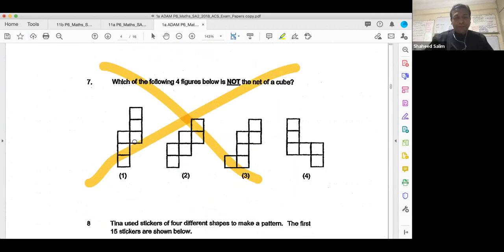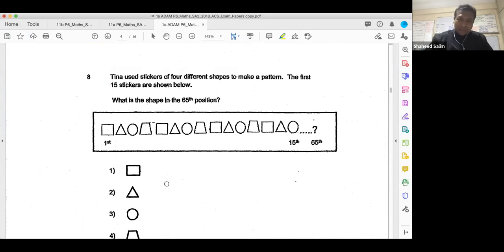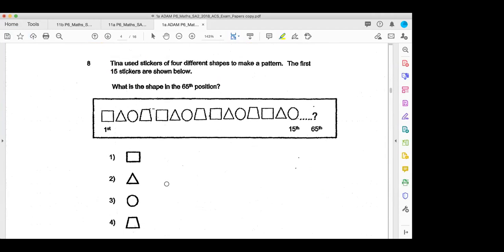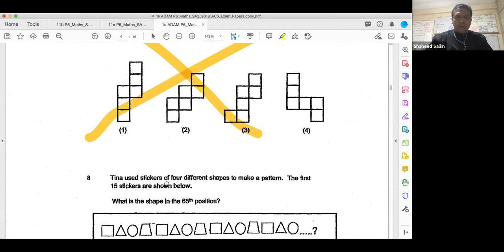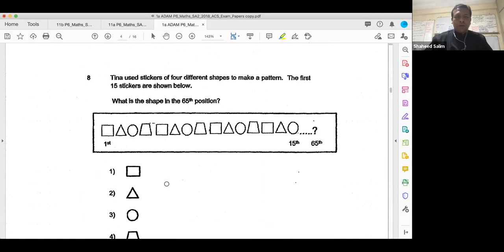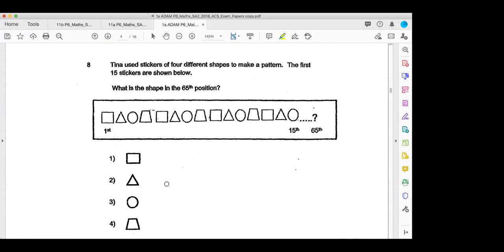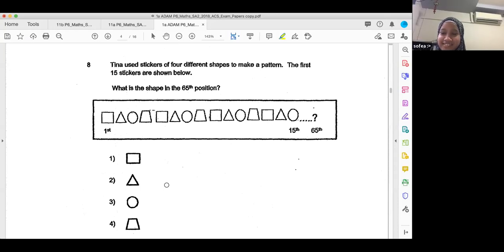Okay, remember we did this one. Show me the question on top. On top question, this one. Oh no, it's okay, we are not doing this. Remember this one, we have gone through. Mr. Shaheed, how to do?